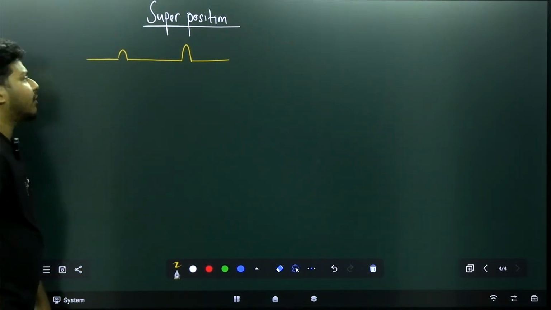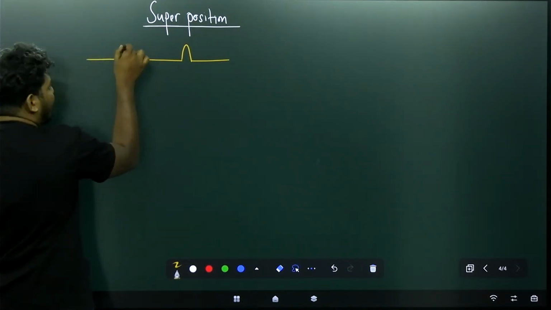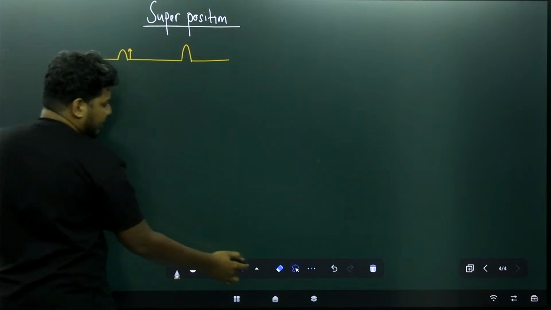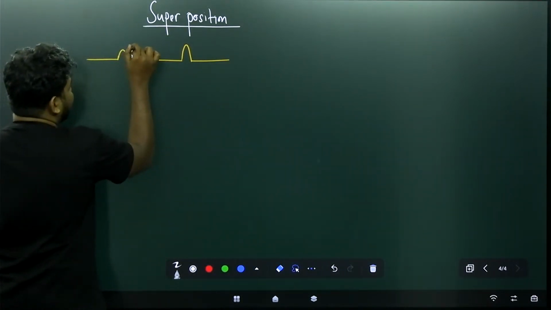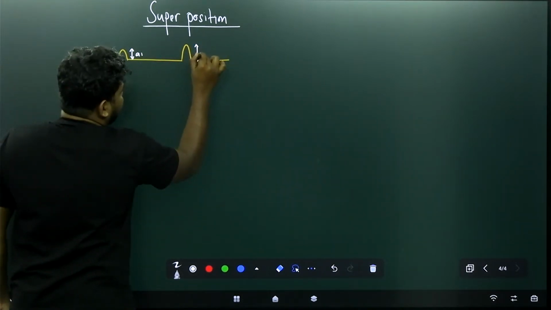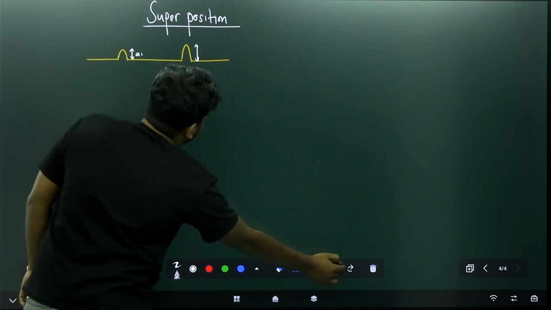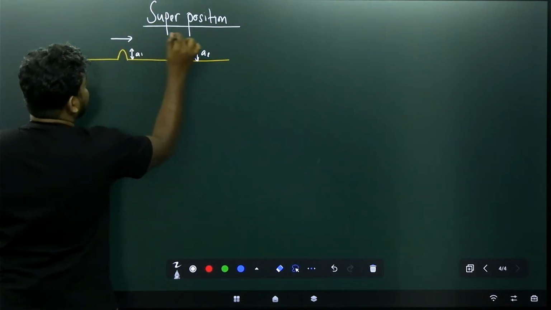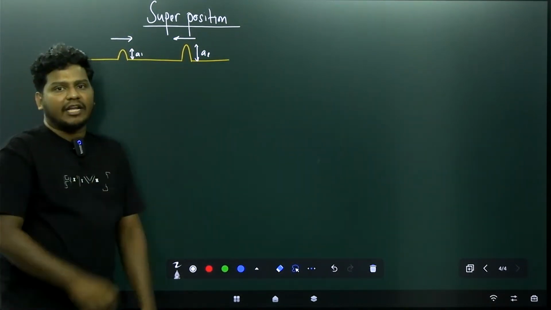Let's say the amplitude of this pulse is A1 and the amplitude of this pulse is A2. These two pulses are traveling in opposite directions.